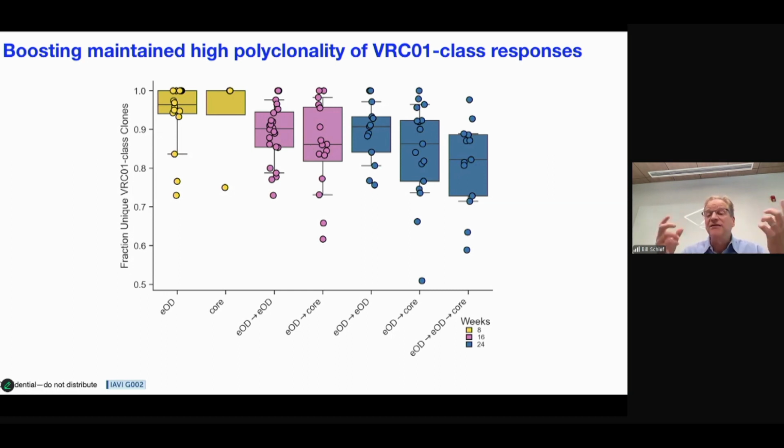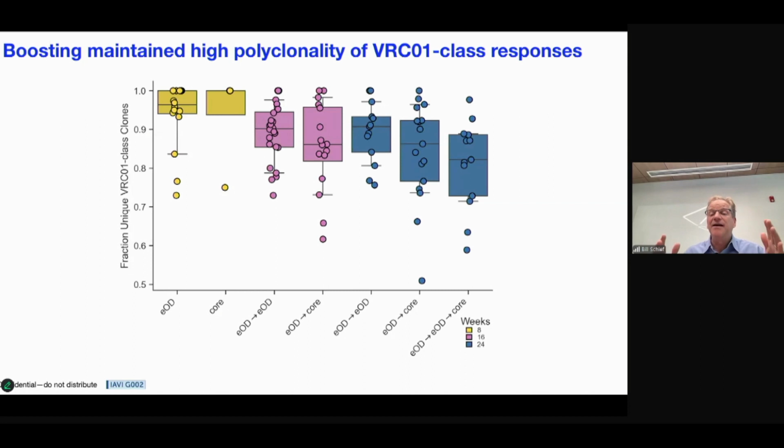So we are clearly undersampling. These data come from, as I mentioned before, taking about 100 million PBMCs per person per time point, and the VRC team was doing sorting. Clearly, in that aliquot of the human PBMCs, there's just massive diversity of the VRC01 class responses, and we find that really exciting. And we think, as I mentioned before, that's really necessary.